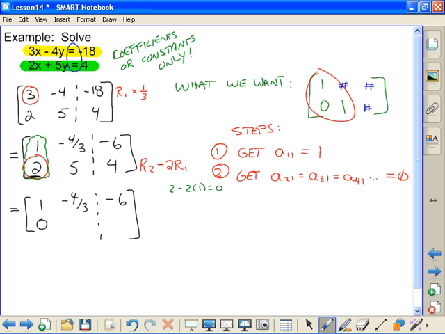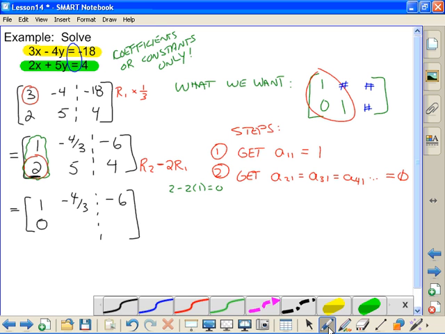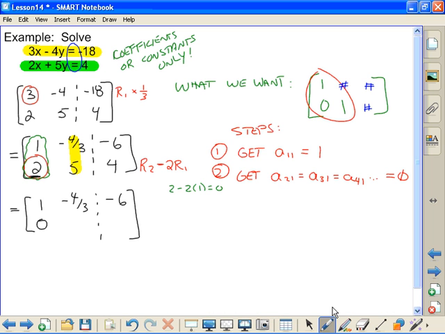That then means if I go to the next one that I'm looking at, I'm going to have 5 minus 2 times -4 thirds. So this will take a little bit of work. I know I need a denominator of 3. So the 5 becomes 15 over 3. It becomes adding, and now it's 8 over 3, 2 times 4 thirds. So 15 plus 8, 23 over 3.